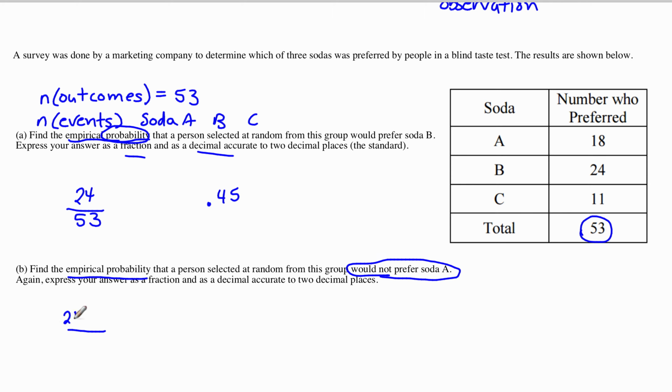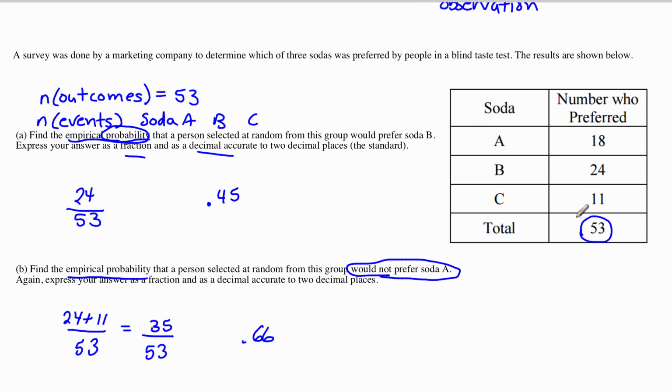So 24 people liked soda B and 11 people liked soda C. So that brings me to 35 people who preferred, sorry, let me get that right. That means 35 people did not pick soda A. And we know that we're 53 people as my outcome. And again, divide that out, and I could express it as a decimal.